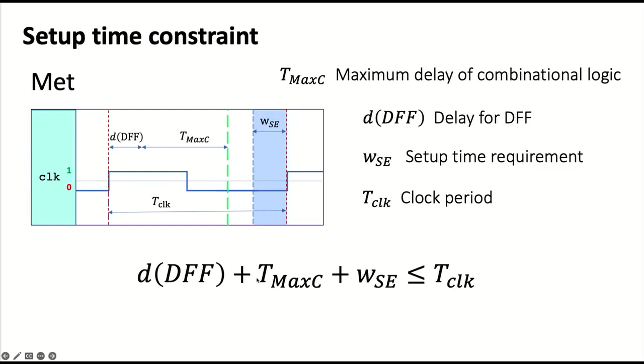You sum these three, and that's the smallest clock period. Or we give you a clock period, the delay of the flip-flop and the setup time, and ask how fast your logic needs to be for this clock period. If you know three of these values, you can figure out the best value for the fourth one.